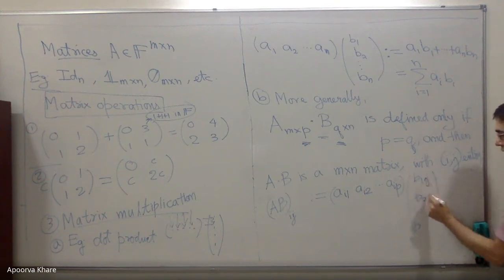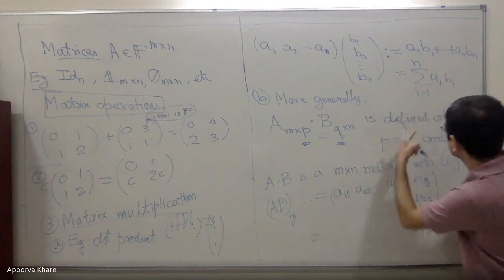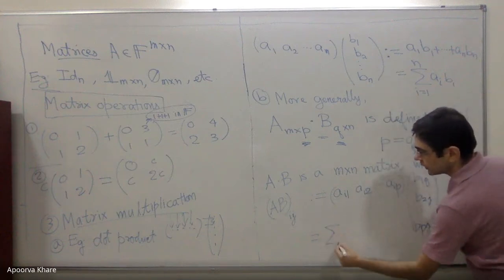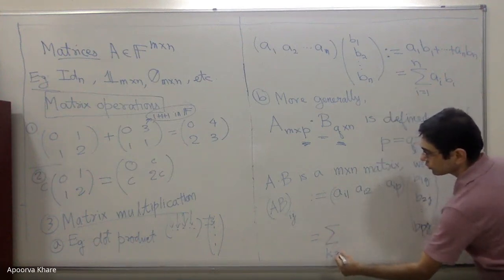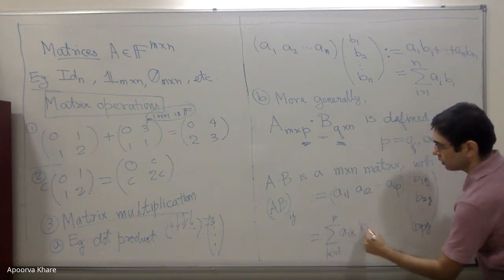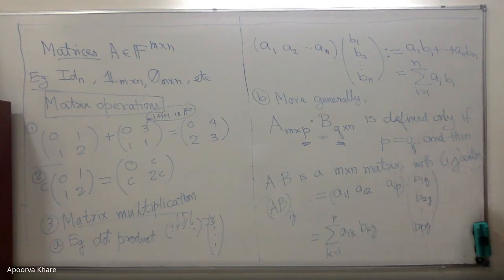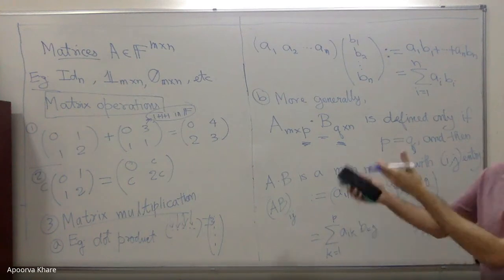Which I'll write in summation notation: the summation, K goes from 1 to p, of Aik Bkj. That is the definition of matrix multiplication. Let's do an example.